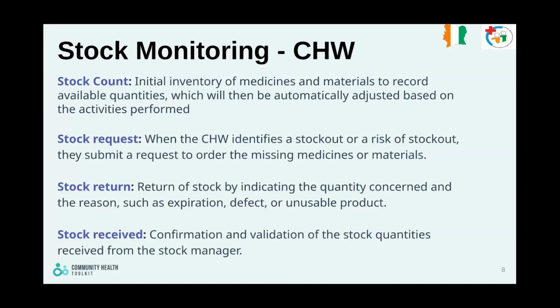And the stock return is for when something happens to his stock, because of expiration or a defect, so he returns it. And of course, we have the stock receive, which is a confirmation that he received the stock after doing a stock request.